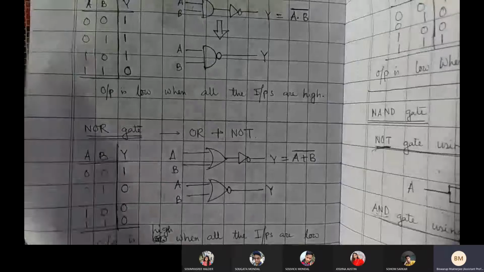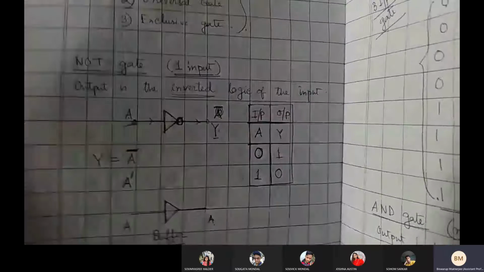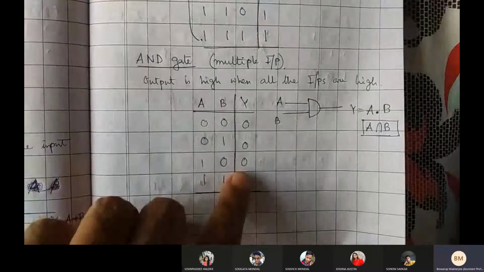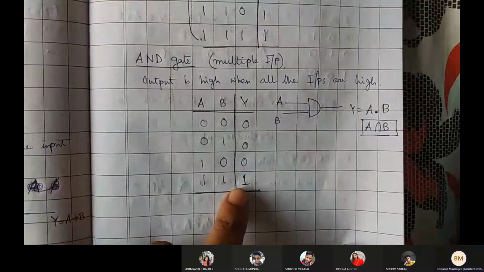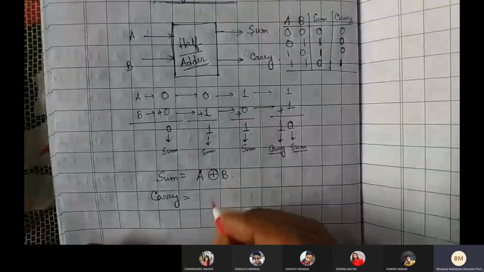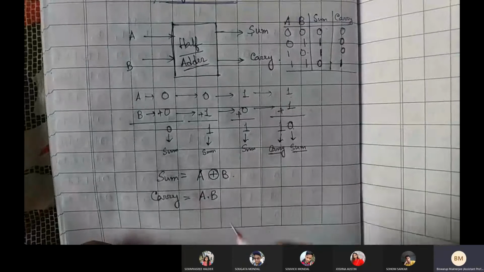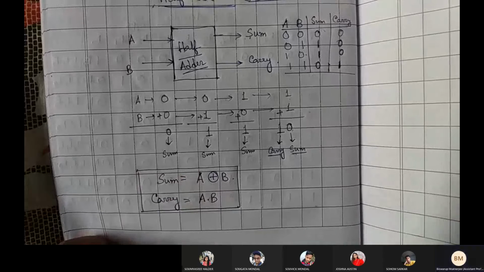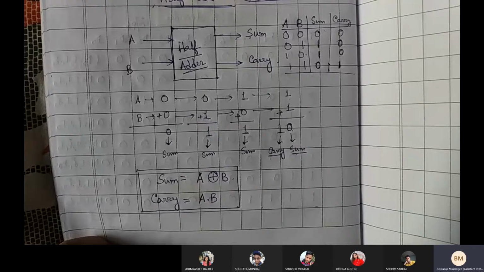So you can just go to your simple AND gate. You can see 0, 0, 0 followed by 1, right? So it's the same we are having right here. So this is carry equal to A dot B. So these are the 2 expressions for the half adder outputs. Sum equal to A XOR B, carry is equal to A AND B.